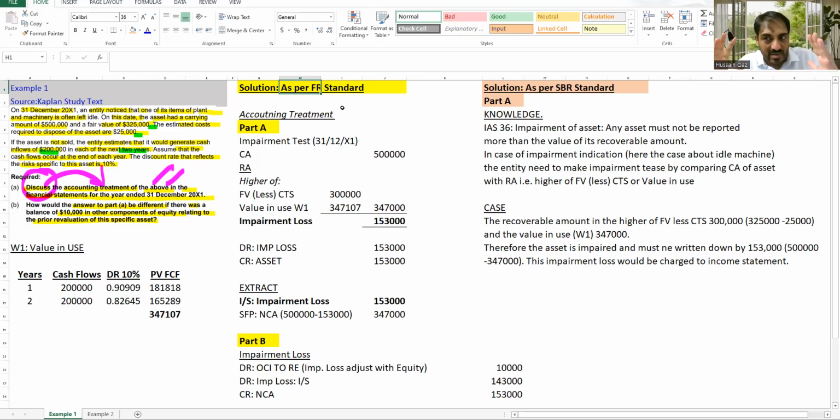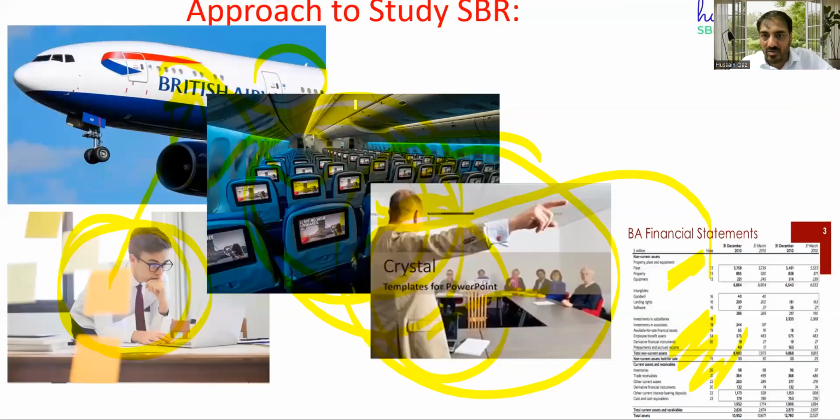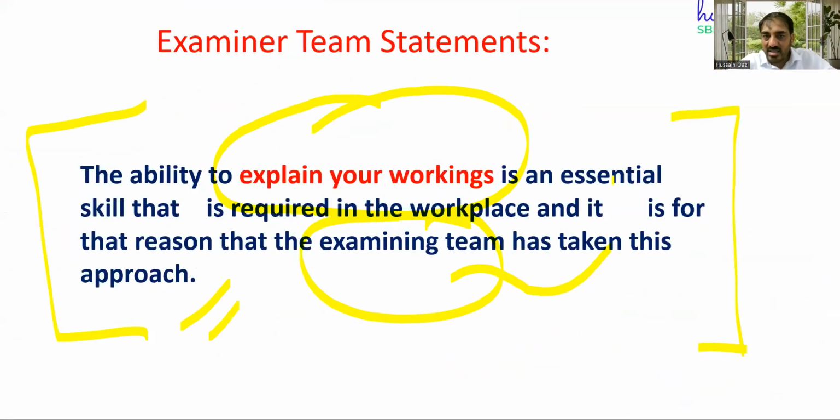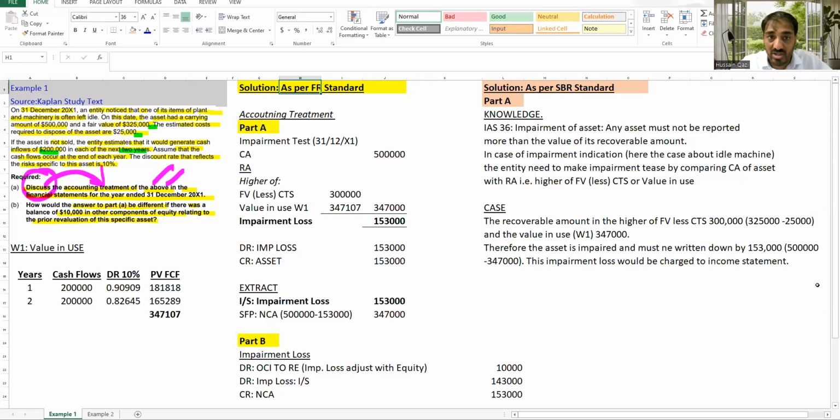There are 5 areas of the syllabus. The number 1 is IFRS. And what is the examiner's expectation about the IFRS? This is the expectation. It's not just whatever you have done with the F7. It's about this portion, the left side, that's number crunching only.